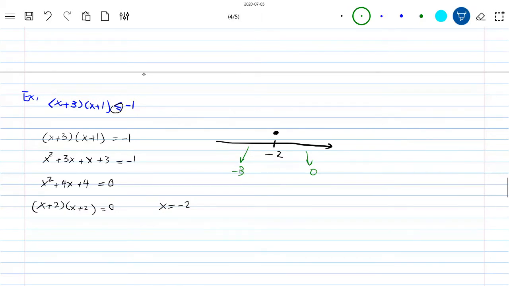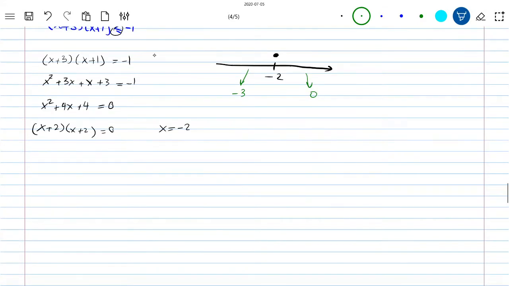Do not pick something like negative 1 here. Negative 1 is not less than negative 2. Negative 1 is somewhere here. Those are common mistakes. You can always pick numbers that are a bit further just to avoid making mistakes, something like negative 5. But I want the numbers to be not that large, so I can calculate without using calculators. So I pick negative 3.